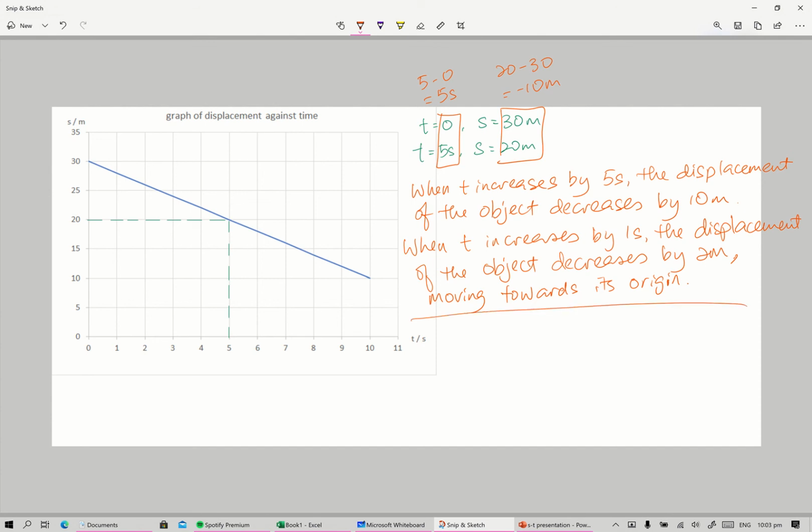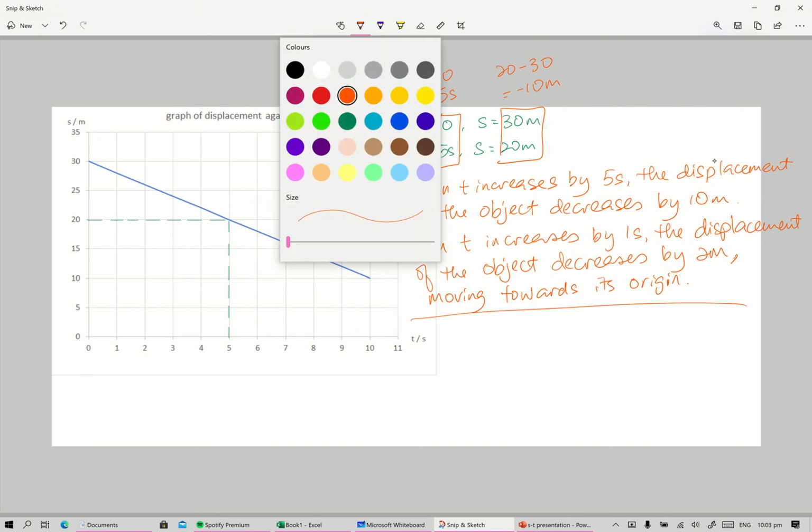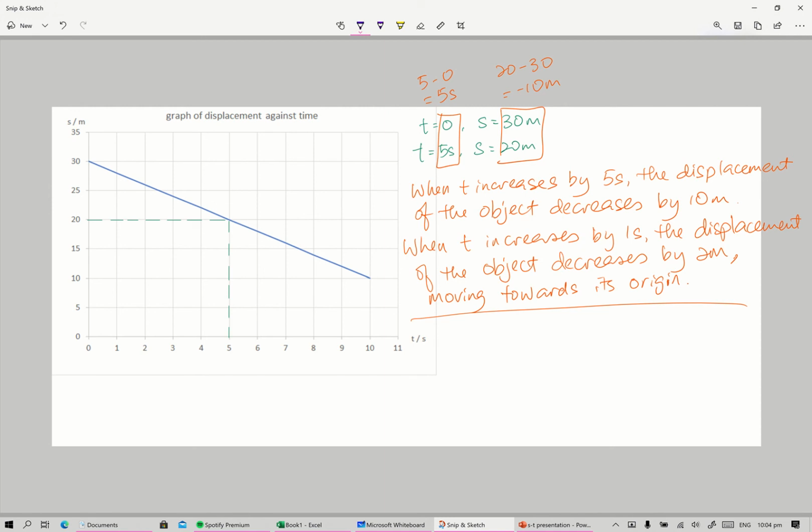Now that's not all. Because when you look at the graph, you realize that the graph is a straight line. Right, it's a straight line graph.